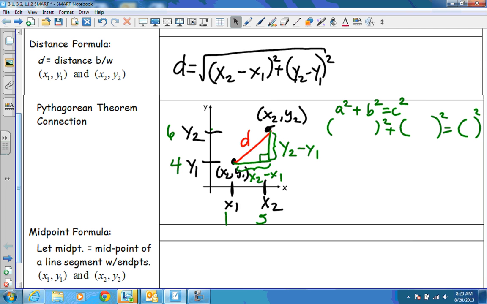Well, it would be 4 if it was 5 and 1, but that was just a specific case. In general, you have x sub 2 minus x sub 1. So that's our A. What's our B? y sub 2 minus y sub 1. And what's our C? D. So we have a squared plus b squared equals c squared, right?